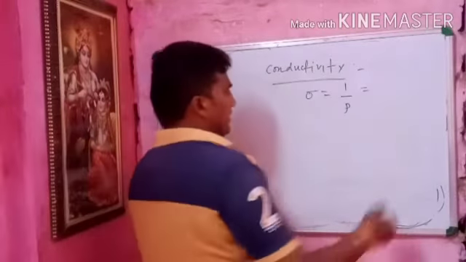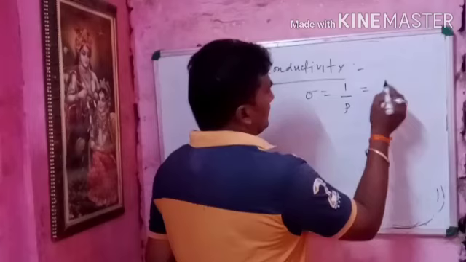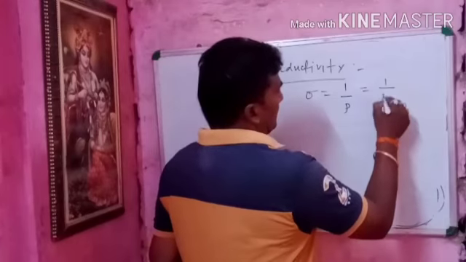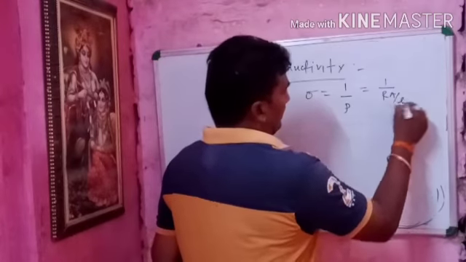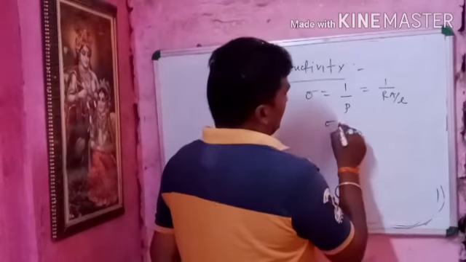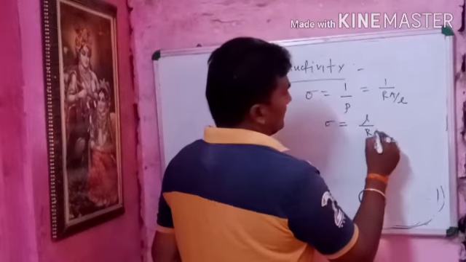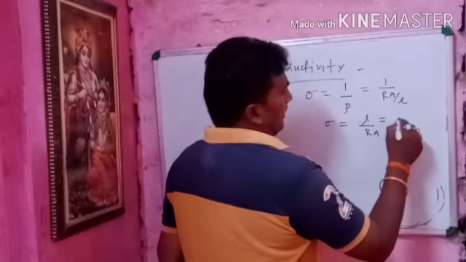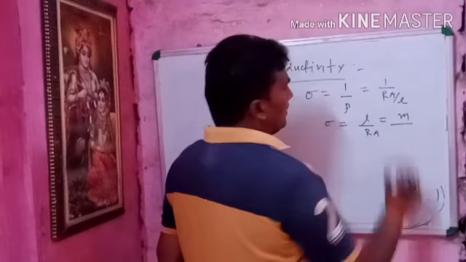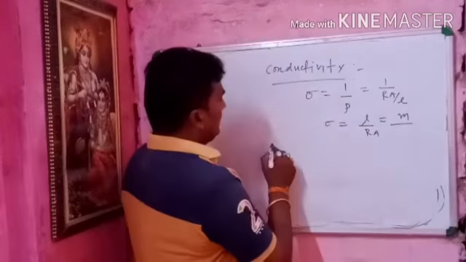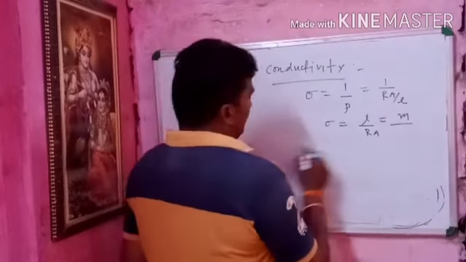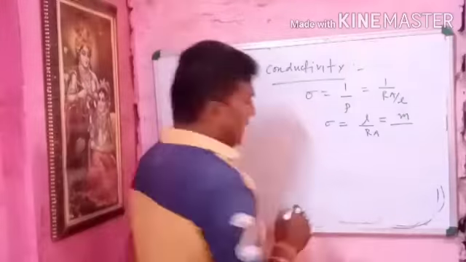We know the relation of resistivity, R A by L, therefore sigma is equal to L by R A. The SI unit of length is meter, and we identify the SI unit of resistance in terms of derived units.